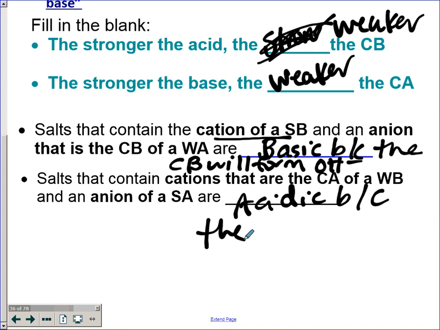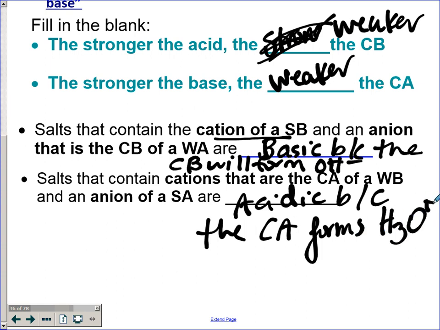So they're acidic because the conjugate acid forms what? Say again? Hydroniums in water. And so we're really not focusing on the ion that's not really appreciably interacting with water. We're looking at the conjugate of whatever it is that's going to interact with water and either form hydroxides or hydroniums.